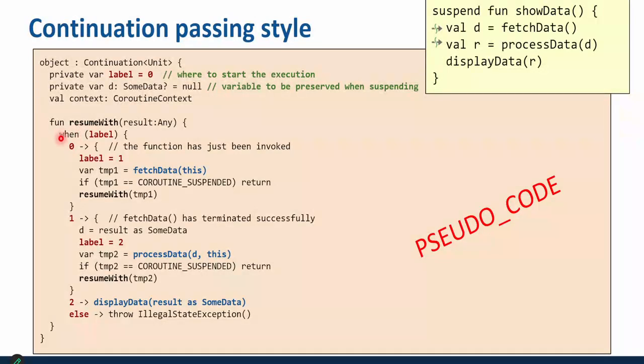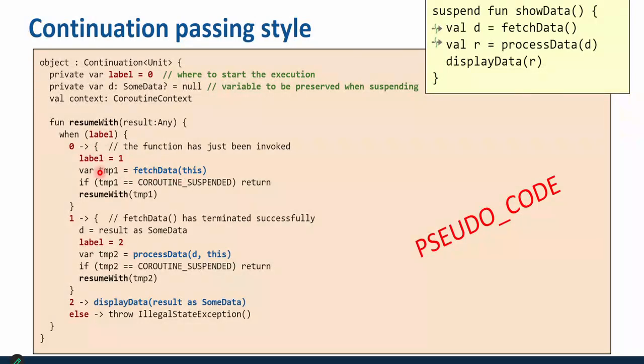Inside this resume, you will have the switch case, in the world of code, which is the when on the label. How many labels are there? Three labels, even though we just had two suspension points here. So we had an additional one, which is the one that you may consider about the show data. Okay.